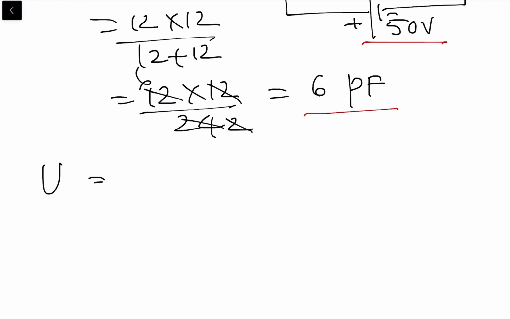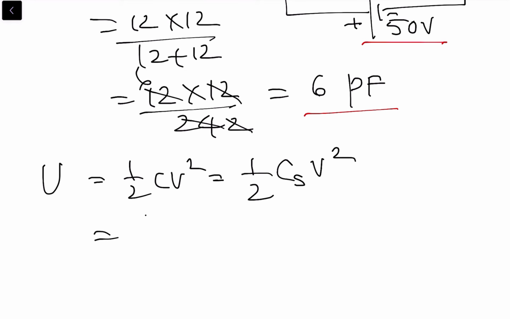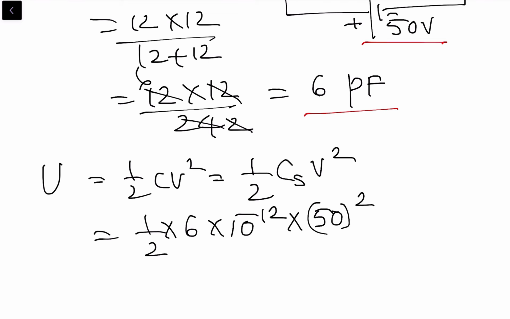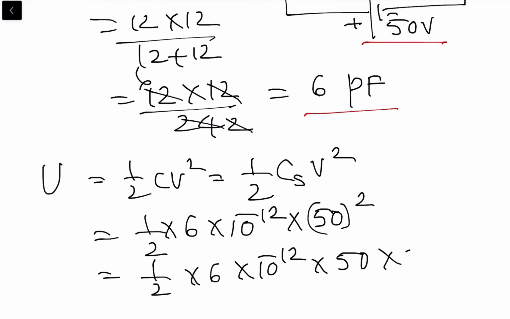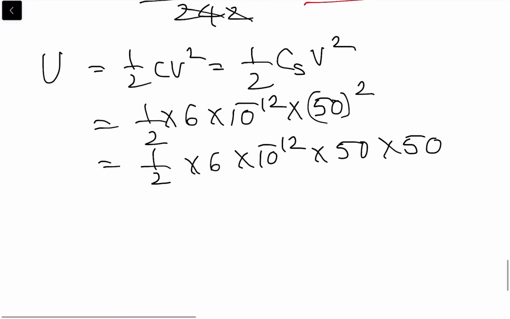Energy formula, half CV square, that means half CS V square, that is half, C means 6 picofarads, 6 into 10 to the power of minus 12, V means 50 square, that is half into 6 into 10 to the power of minus 12 into 50 into 50. And once you simplify it, I am not doing every calculation because on YouTube it will take quite a long time.